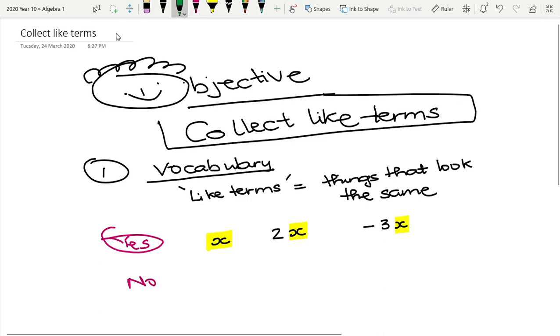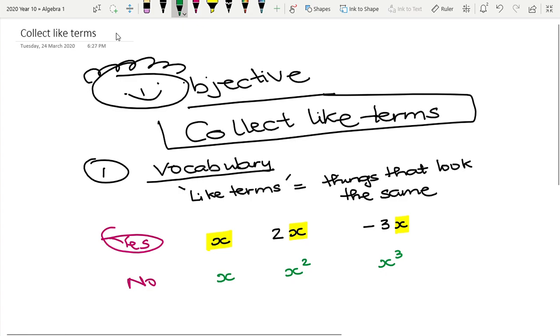I can give you an example. If you have an x, you have an x squared, and you have an x cube. You can easily see that the first guy contains x, the second guy also has x, and the third guy also has x, but they don't look the same.